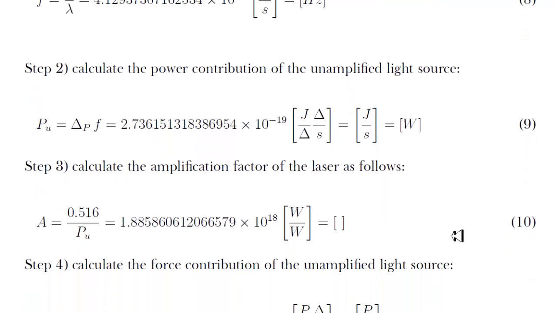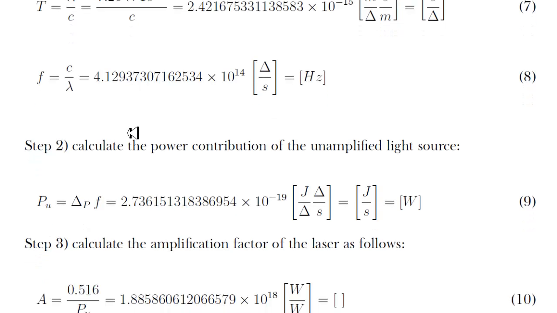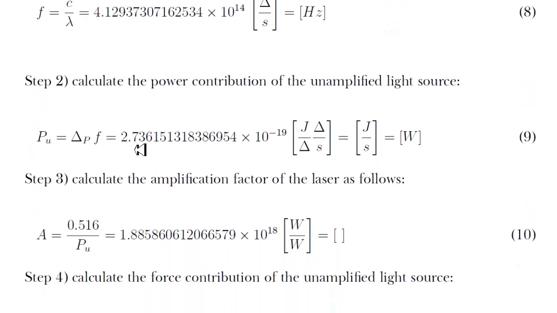Okay, so step 2, what we need to do is calculate the power contribution of the unamplified light source. So this is pre-lasing, pre-amplification. This is the power contribution of the unamplified light, which I am referring to here as P sub U. So P sub U is equal to the cycle of power times the frequency, which we had, and you end up with 2.736, etc., times 10 to the minus 19 joules per second.